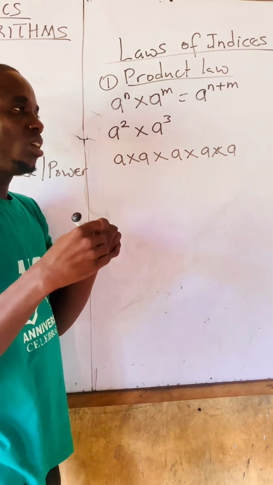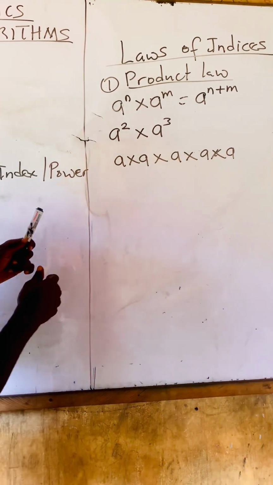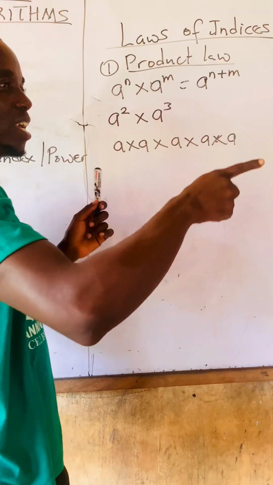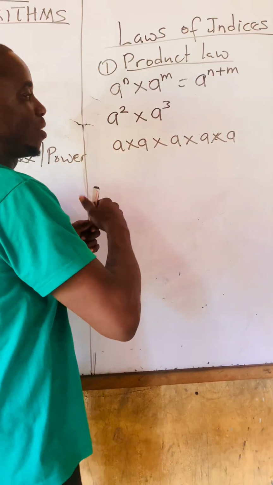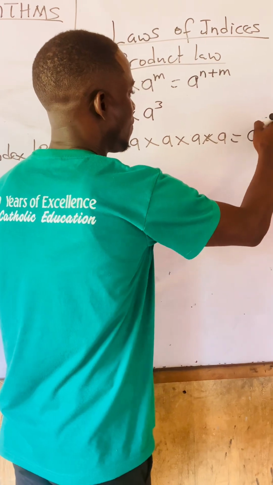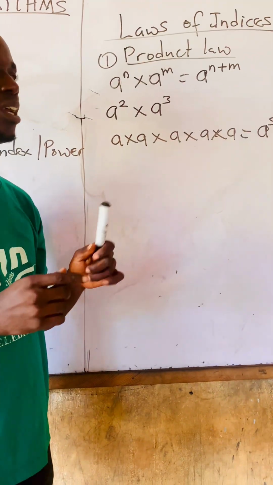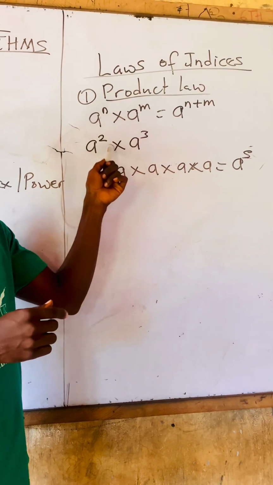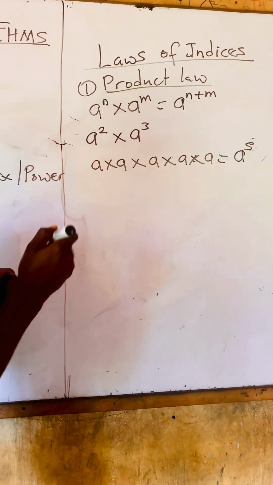Don't forget that we have already established that whenever we have a times a times a times a times a, we can count the number of a's and represent it by one letter. So we are going to get a raised to the power 5. That's the reason why we normally say whenever the bases are the same and they are multiplying, we add the exponents together.